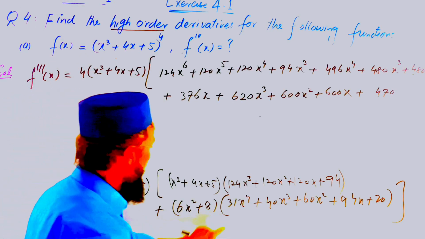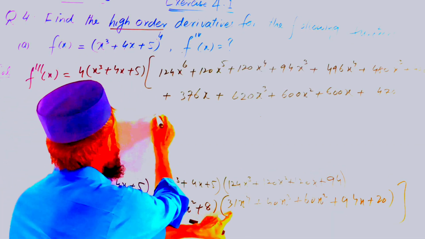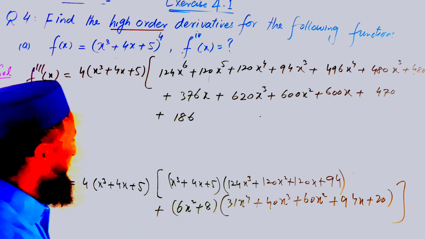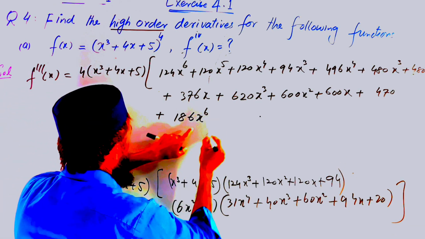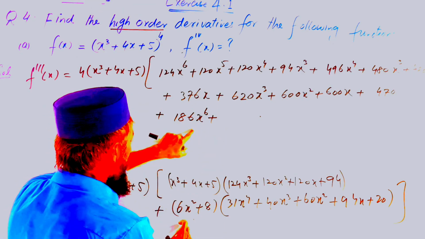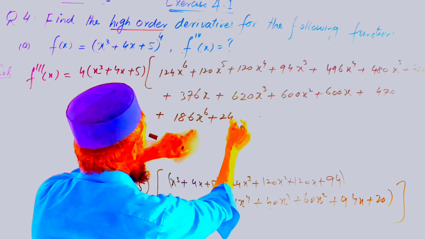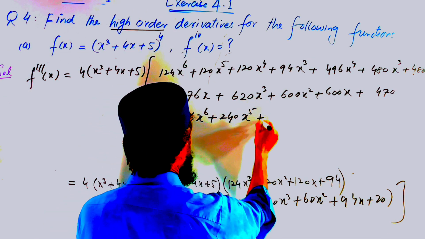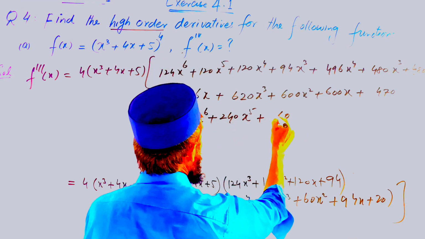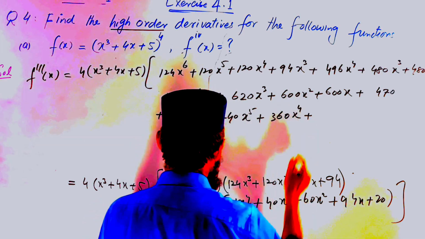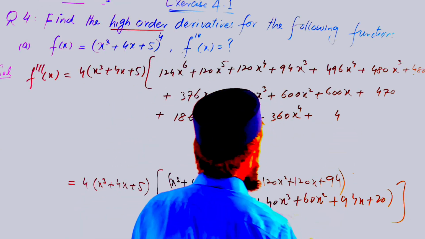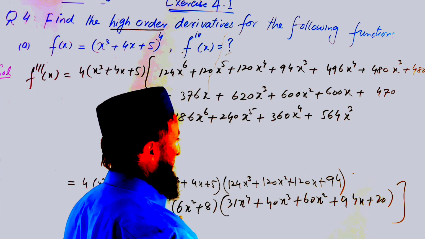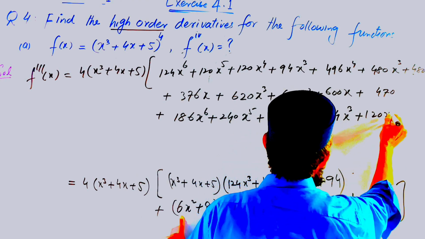Now we multiply this term to each other. So 6 multiplied by 1 plus 6 multiplied by 1 is 6, 186 x power 6 plus 6 multiplied by this term we get 240 x multiplied by x square, x power 5 plus 6 multiplied by 60, 360 x power 4 plus 6 multiplied by 5 x cube, 6 multiplied by 120 x square.